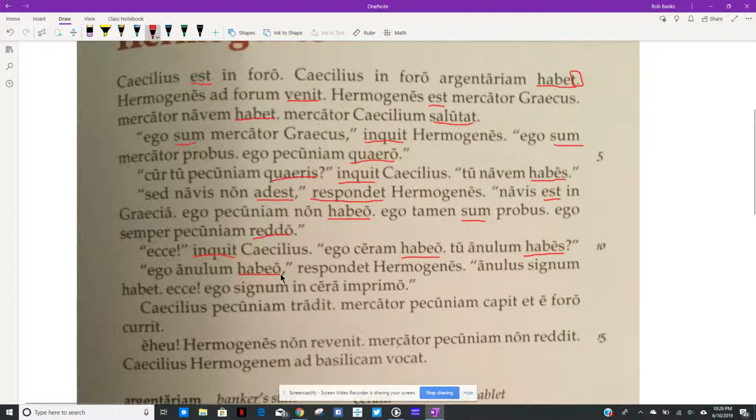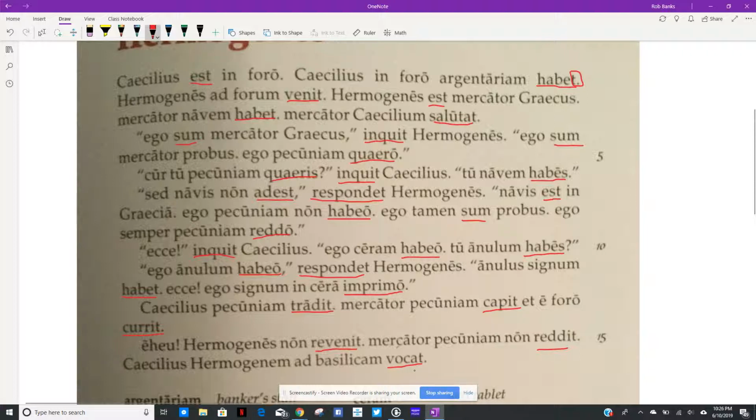So for right now, when you see ego or tu, that's going to be a clue for you to look for one of those I or you verbs. It's a clue that one's going to be coming up. Okay, here's habet, imprimo, tradit, capit, quaerit, revenit, reddit, vocat.